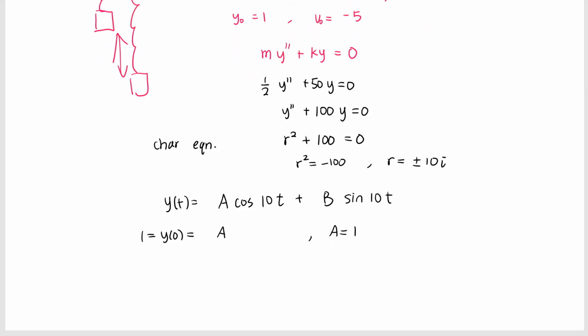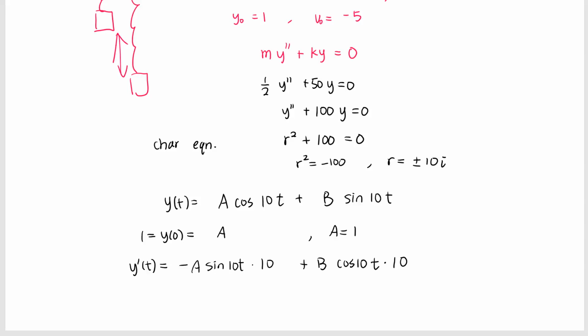That's correct. How about velocity? We need to find the derivative. Okay, so derivative of cosine is minus sine, but there is a chain rule. You need to multiply by 10. And then derivative of sine is cosine, but there is a chain rule, so you also need to multiply by 10.